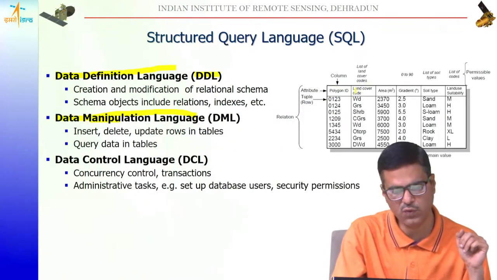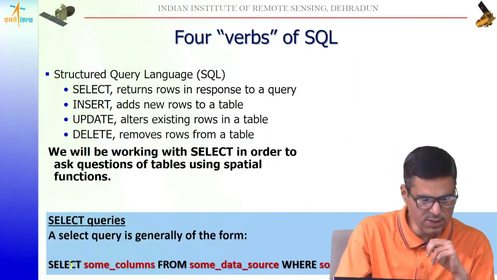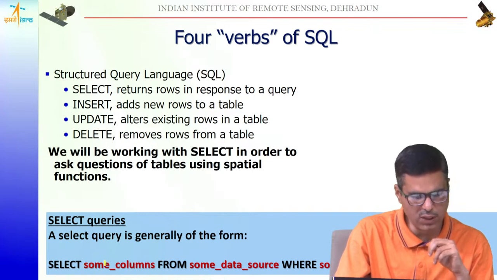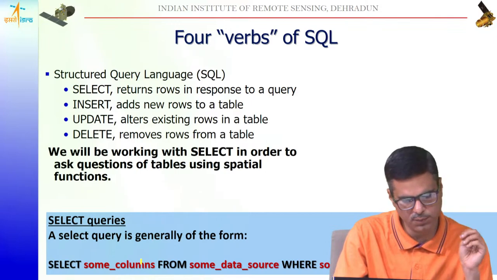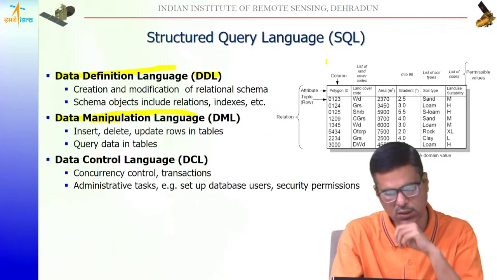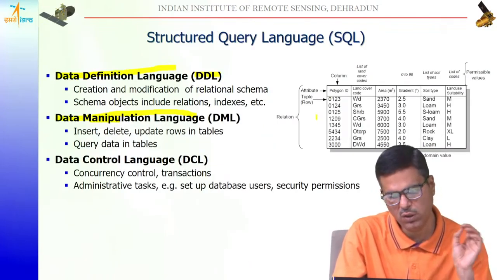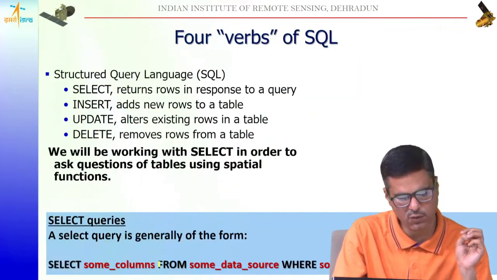Column names will come here, or we can also use a star, which means all the columns. From again is a keyword followed by the name of the relation or table. So if this table is our polygon table, then it will be select star from polygon.